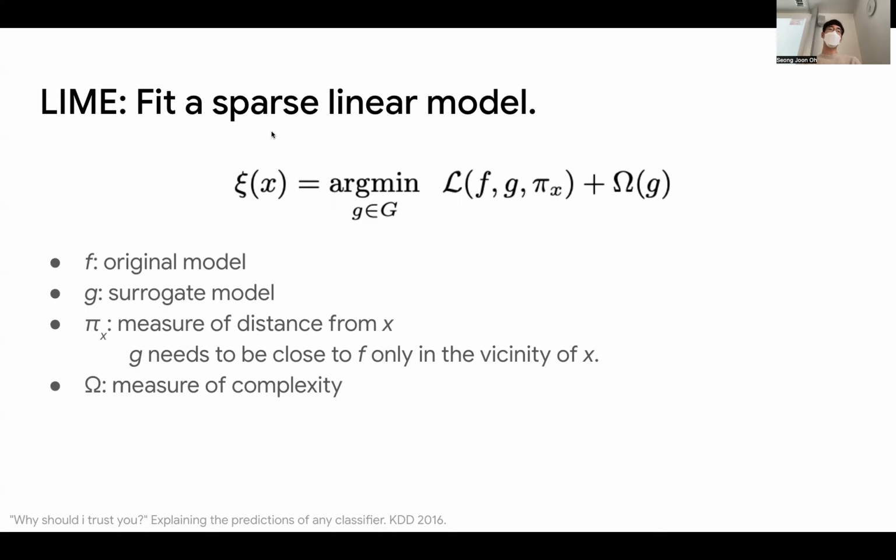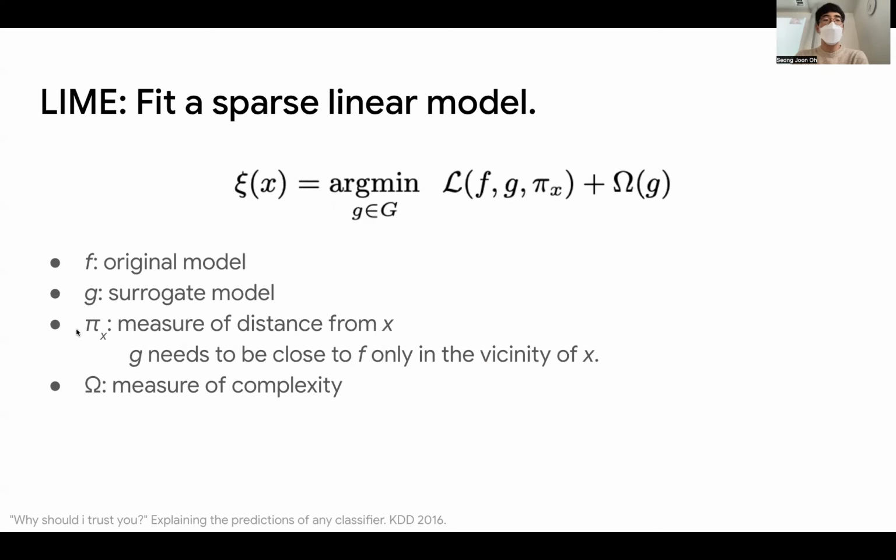That is, you train a sparse linear model that is close to your function values around the test input of interest. So here F is the original model, and G is the surrogate model, where G is now a sparse linear model.